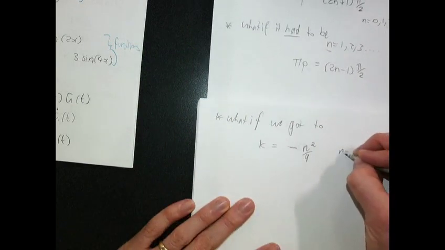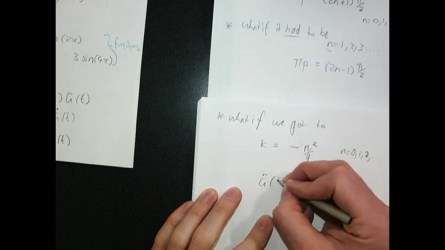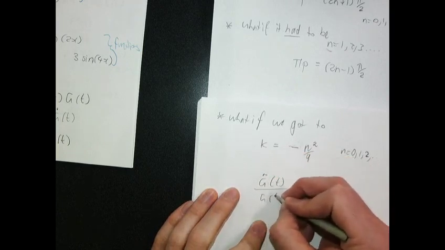So what if I got to k equals that for n equals 0, 1, 2, etc.? What if I was allowed to have n equals 0 in that situation there? Then I would get to my, so suppose this is where I was. This is just a big suppose, this was the question. What if we got to there?